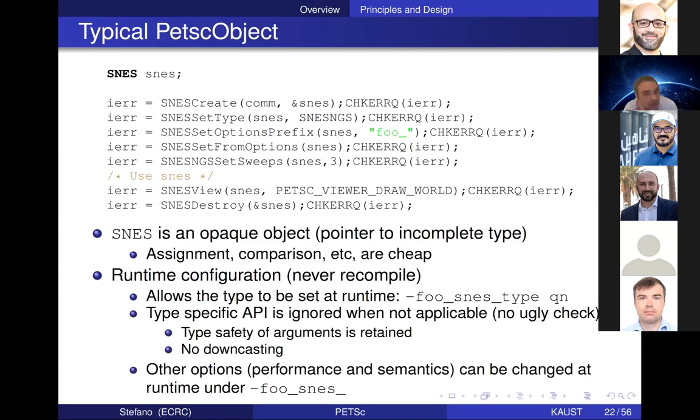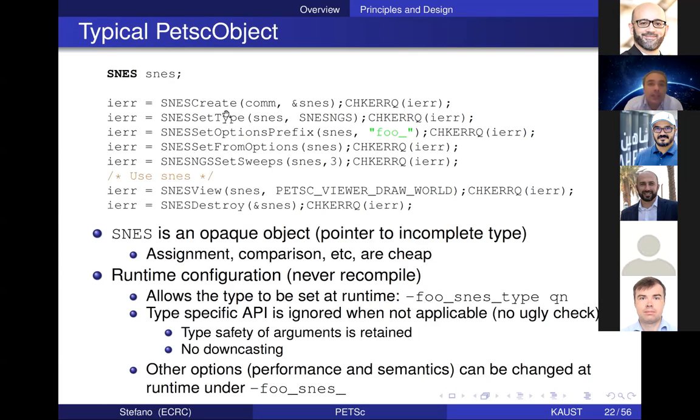So here is a typical example of how a PETSc object behaves. For example, here we are creating a nonlinear solver object, SNES. Every object is associated with a communicator because we live in the MPI world. So, who I speak with.